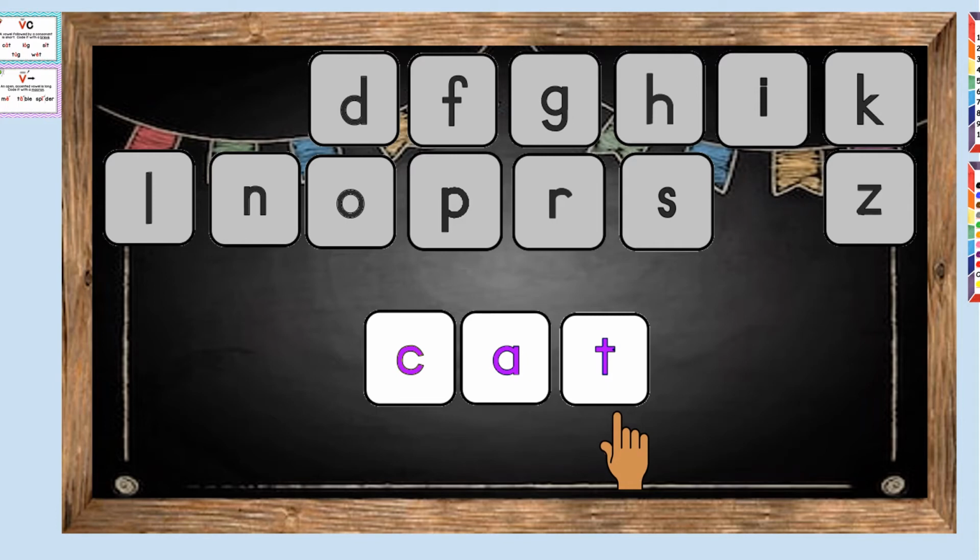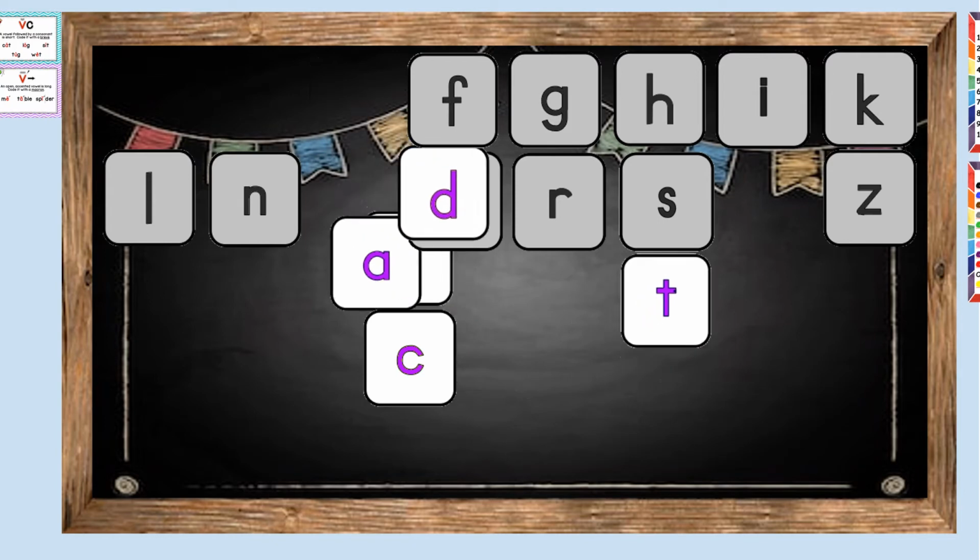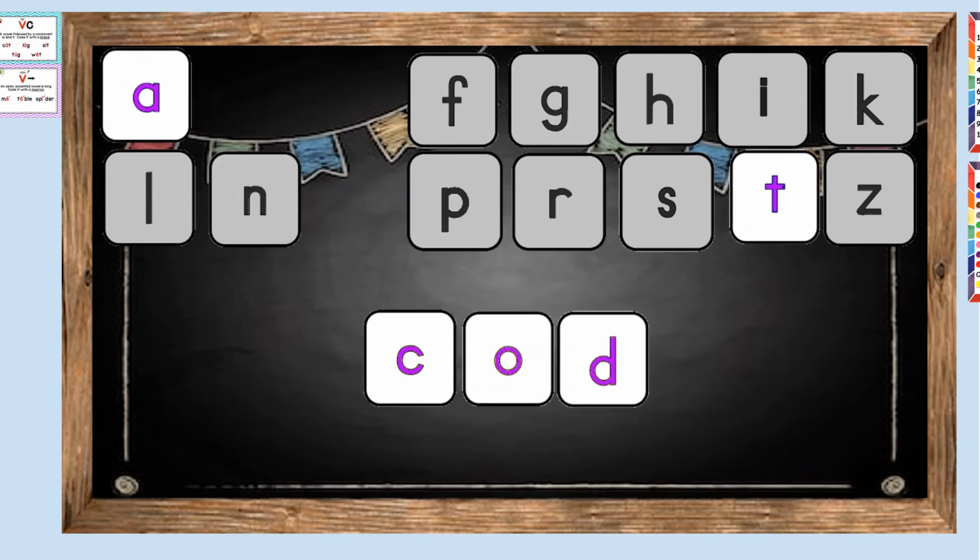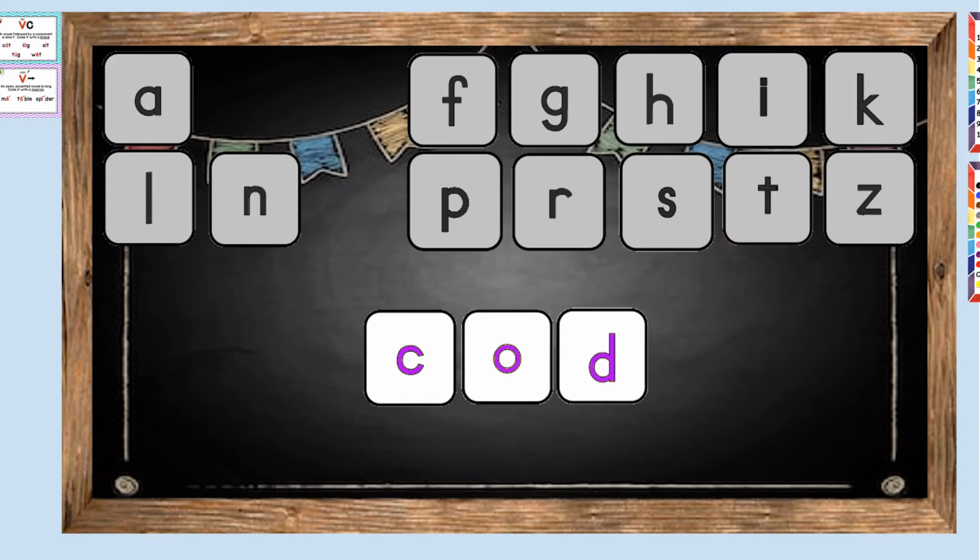Let's do another one. Let's see what letters we need now. So if we change the at in cat to an odd, what word do we have now? Make sure your letters look like my letters. Let's sound it out. K, odd.